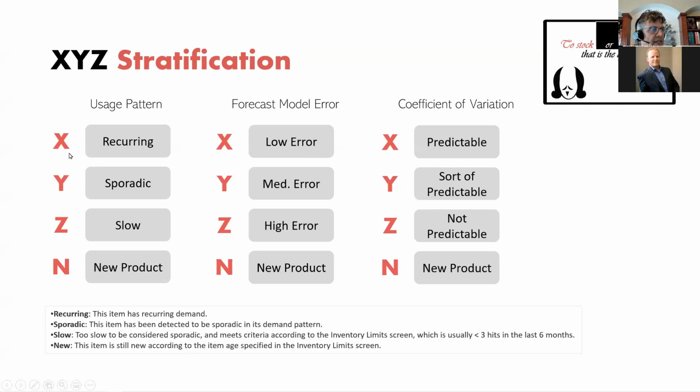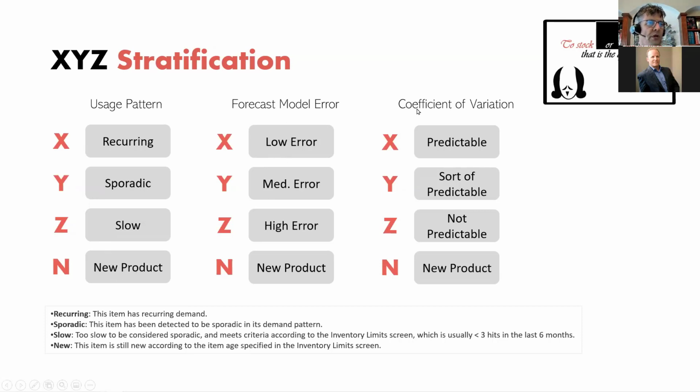So in this case, if you use usage pattern, which I think is probably the most widely used attribute to do the XYZ on, X is recurring, so these are the items that you sell on a regular basis. Y are sporadic, so you sell them a little bit less frequently. And then Z are slow, which is even less than less frequently. And then N, of course, still stands for new product.